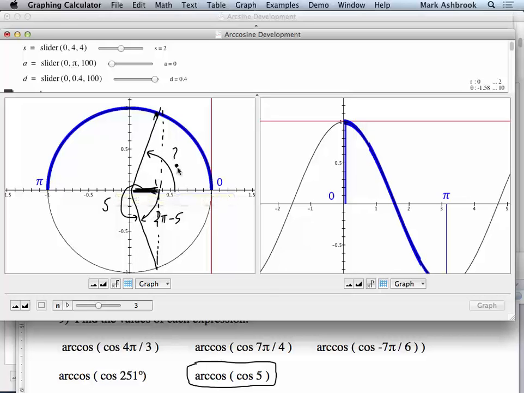Which is? Would it be just 2 pi minus 1? Because the whole thing is just 2 pi.